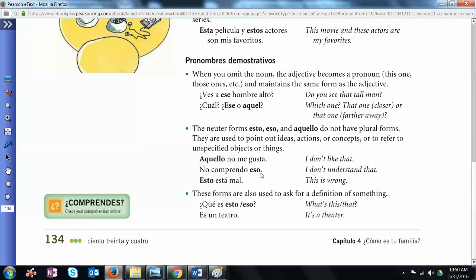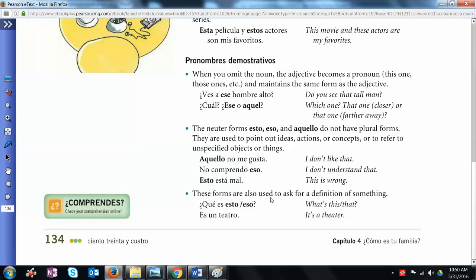Or I don't understand this. I don't understand demonstrative adjectives. That's a concept. You can't give that a gender. Or this is bad, meaning this behavior is bad, or this situation is bad, and you can't give a gender to that. Or if you're trying to identify something, for example, if your mom or dad or significant other cooks you something and you don't know what it is, you could say, what is this?